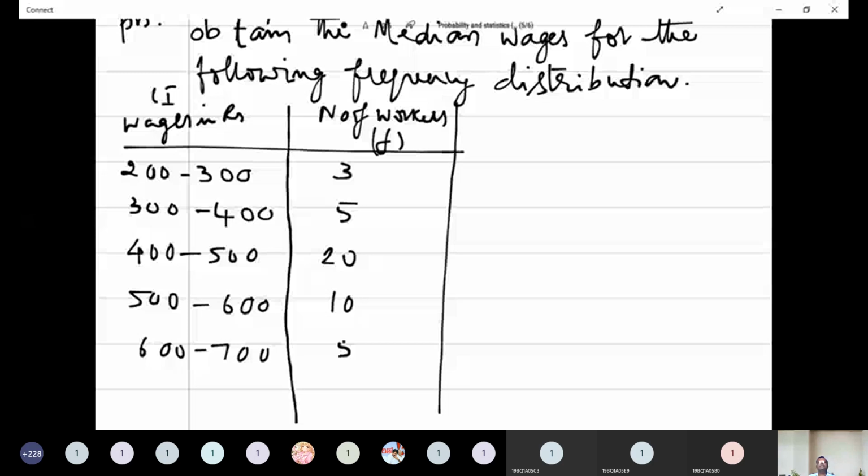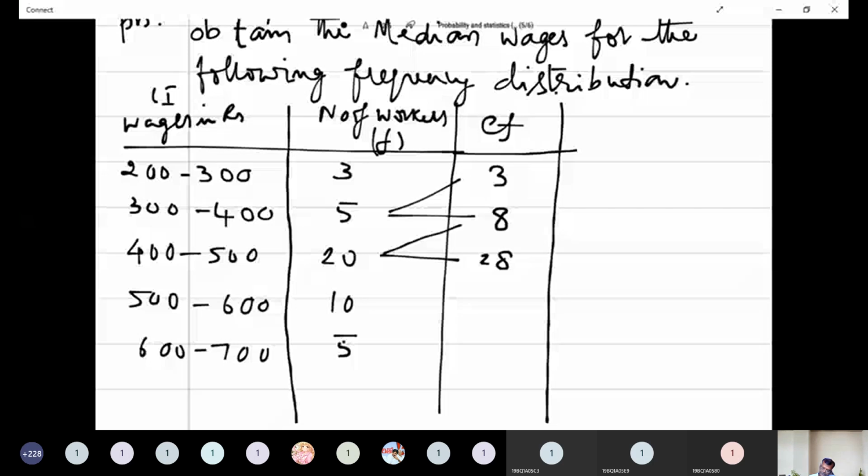Now we have to find out the cumulative frequency. This is very, very important. Cumulative frequencies, less than type: 3, adding this value, 8, 28, 38, then 40.